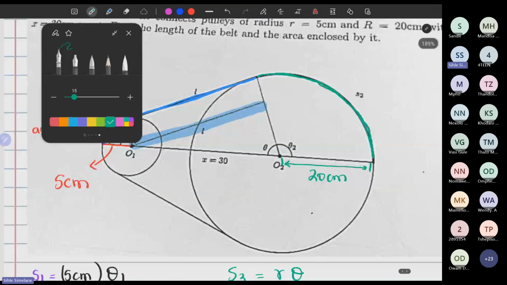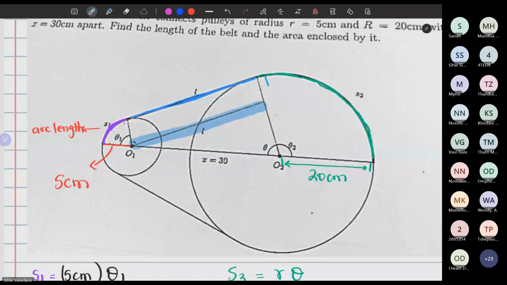So if you remember, the radius of the bigger circle is 30 centimeters. So we have 30 cm here, like that. And even from there to there, we have 30 cm, as you can see. And then the smaller circle, they said it is 5 centimeters, which I will just call 5.